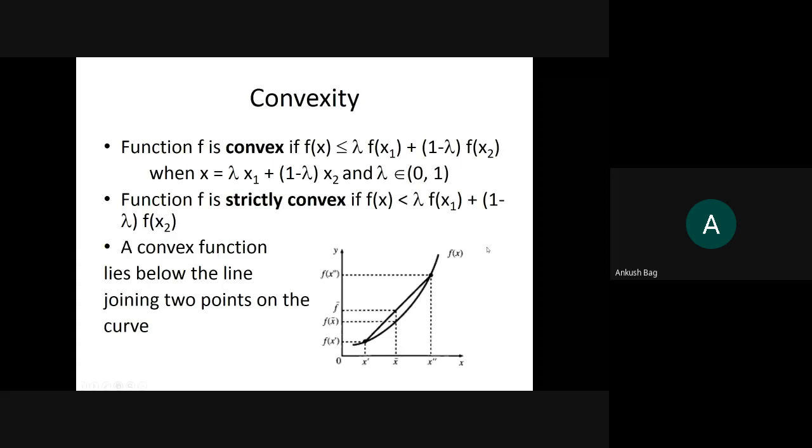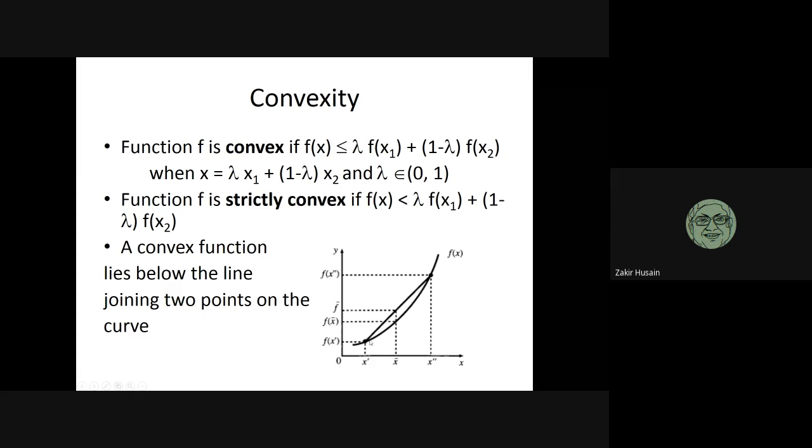If you want a non-technical definition, convexity means that the segment lies above the function. The function lies below the segment. See, the function is lying below the segment.